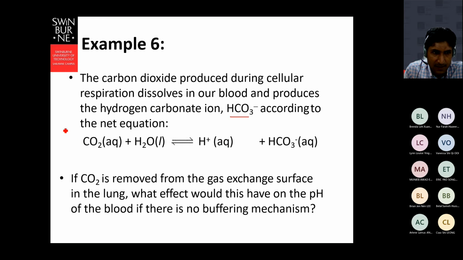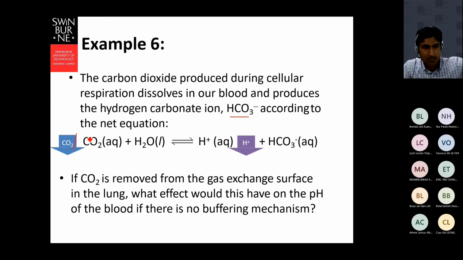All right. So if I remove this carbon dioxide when I exhale too much, right? I'm exhaling, so what is happening is I am expelling all the carbon dioxide from my lung. So there is no carbon dioxide in that. So what will happen? The reaction goes backward.